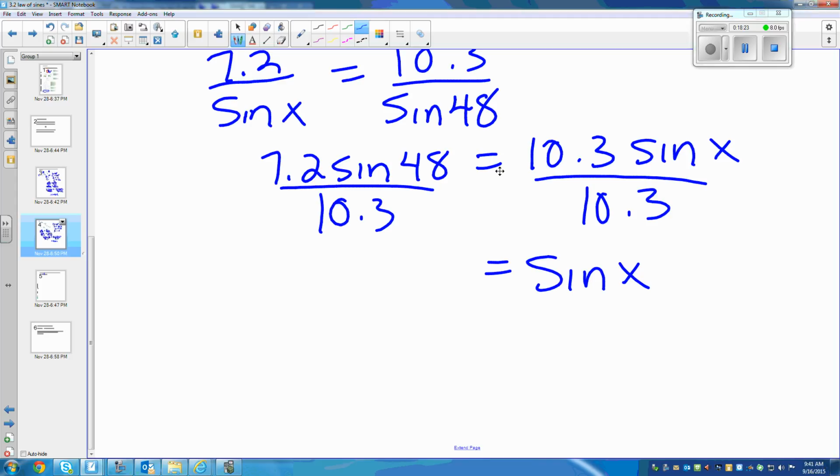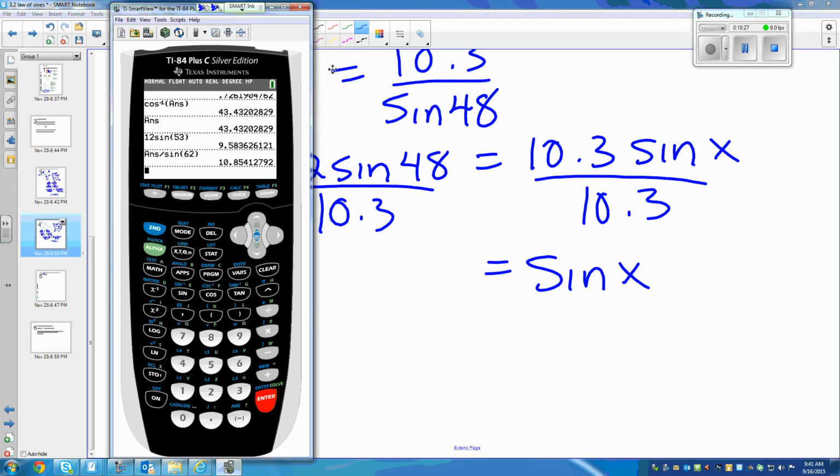I'm just going to go right into my calculator and type that in. Remember, your calculator follows the order of operations, so you can type in 7.2 times the sine of 48. You have to hit end bracket, and then you can go divide by 10.3 right away. Hit enter. We get 0.5194.